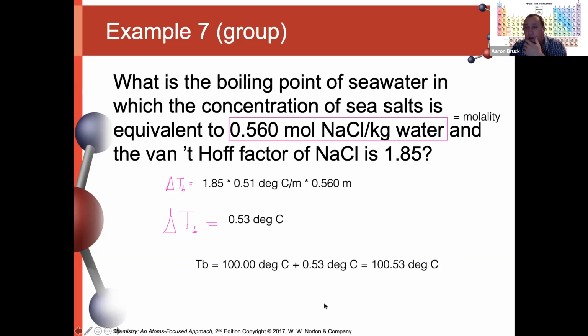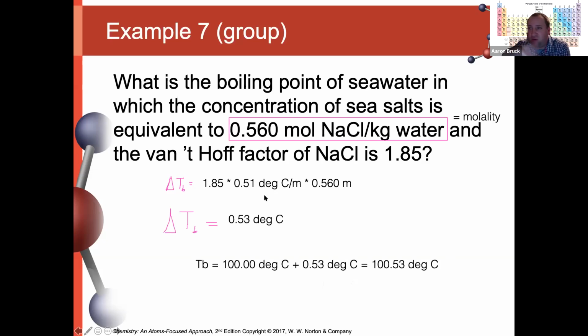And so, again, it's important to note that even though this is a relatively small concentration, the impact on water is that we're not going to see massive fluctuations in the temperature.